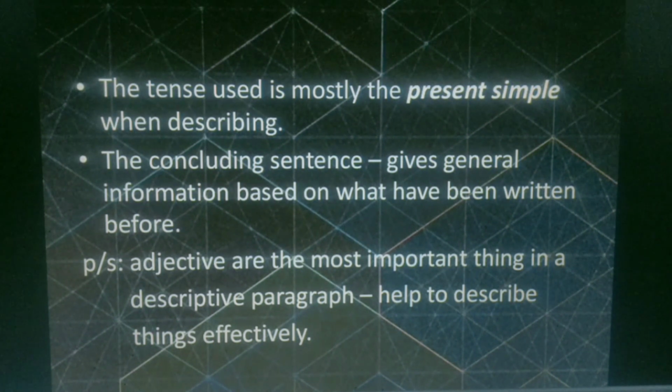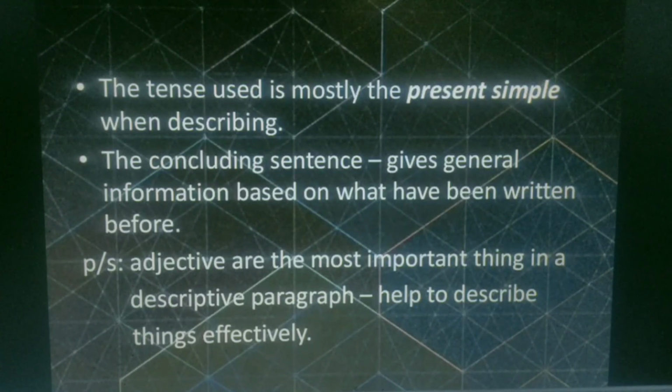While writing a descriptive paragraph, the tense that is used mostly is the simple present tense. The concluding sentence gives general information based on what has been said or written before. Most important thing is adjectives so that your description becomes very effective.